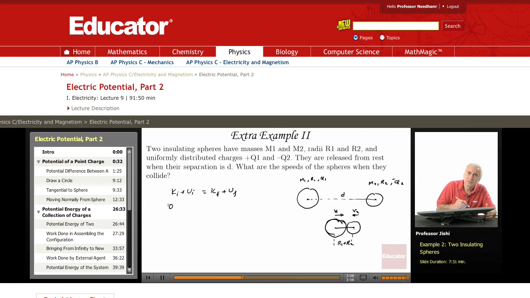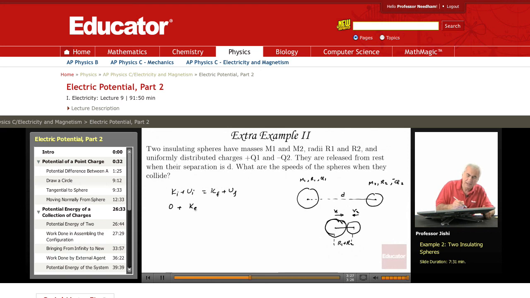Initially, Ki is 0. This is not moving, this is not moving. And then the two spheres are separated by a distance d, so there's electric potential energy. What is the electric potential energy of two spheres separated by a distance d?